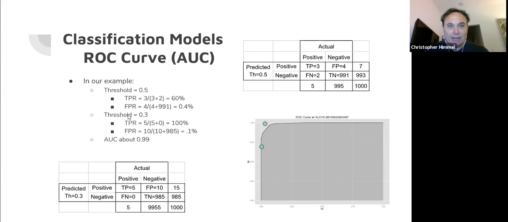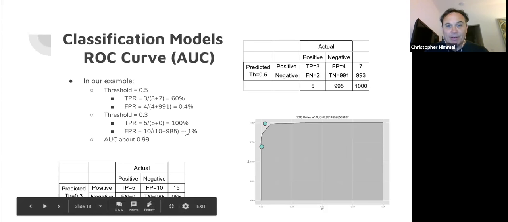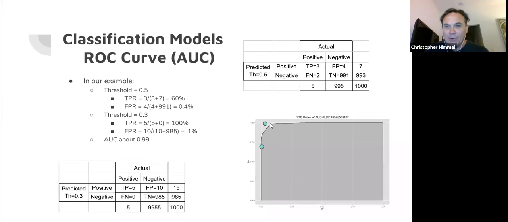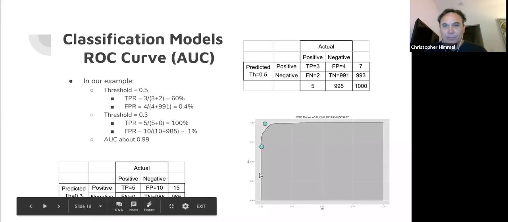If I lowered my threshold to 0.3, then my true positive rate went all the way to 100%. My false positive rate went up to 0.1, so I went over a little bit. So you can see this is pretty good. I have a lot of meaning in this model. I'm able to do some pretty good predictions. And the 0.3 gave me this one.